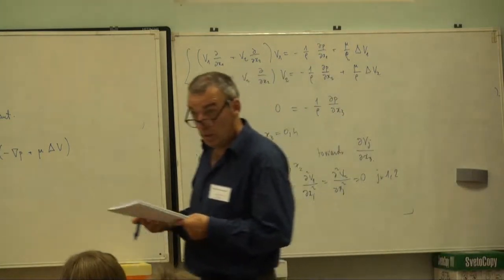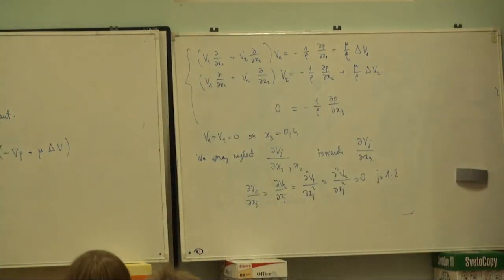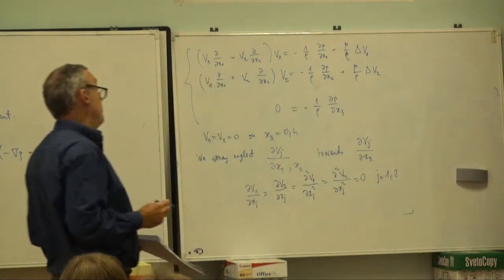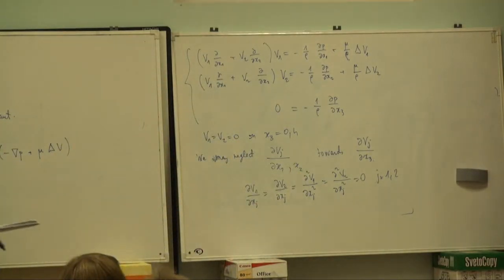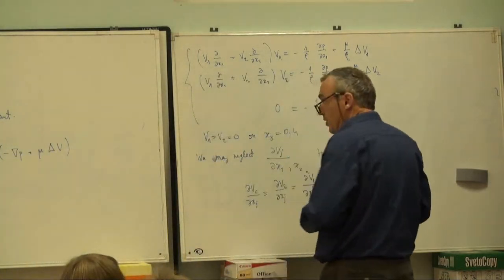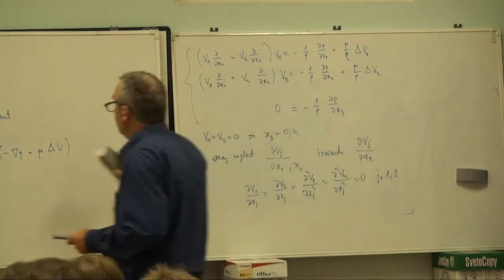Okay. So we completely neglect the variation of the speed with respect to the x1 and x2 variables. And now the system becomes very simple, of course, after having made all these simplifications.